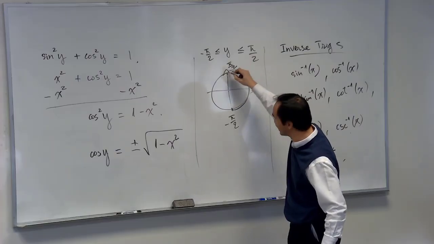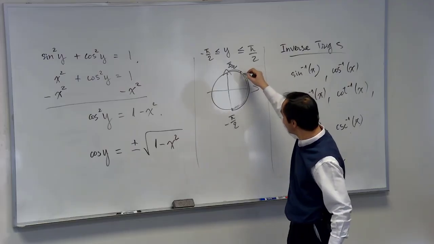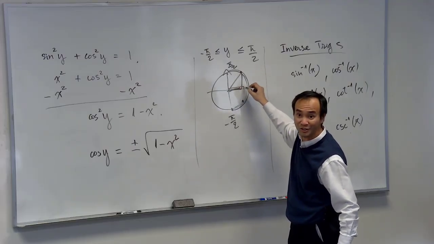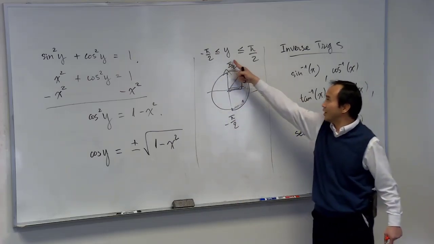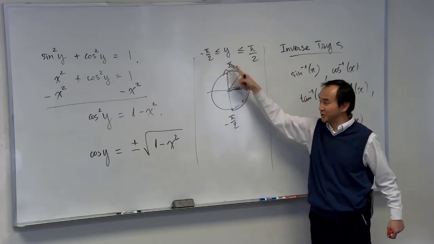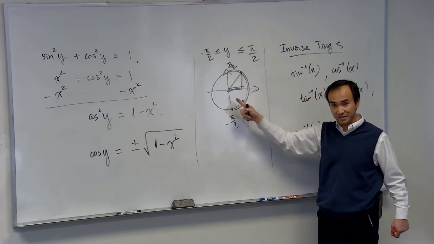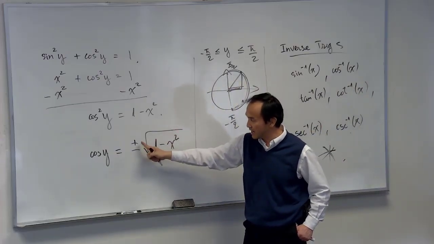And that's the right-hand half of the unit circle. So if we are anywhere in that, then the cosine value is positive. You guys follow what I'm saying now? Because the angle is anywhere from minus pi over 2 to pi over 2, the cosine value has to be on this right-hand side. It's positive. So that led us to that decision: we've got to take the positive.